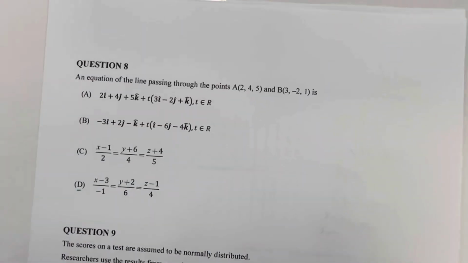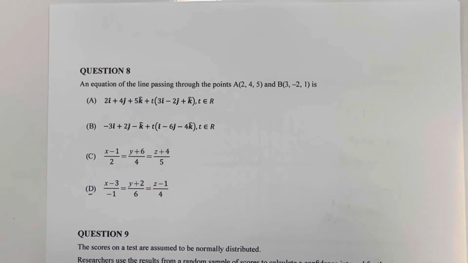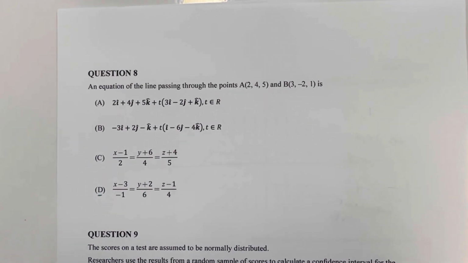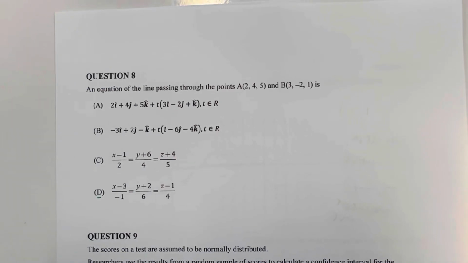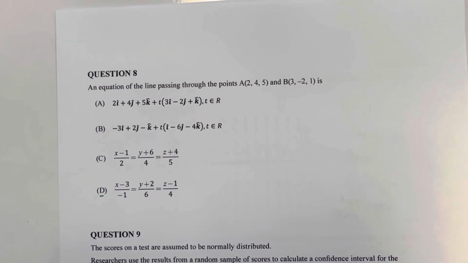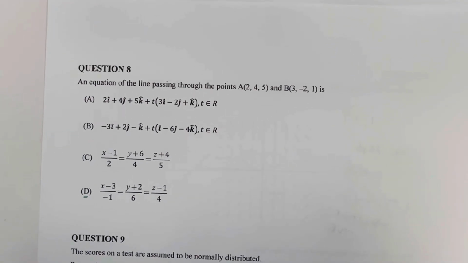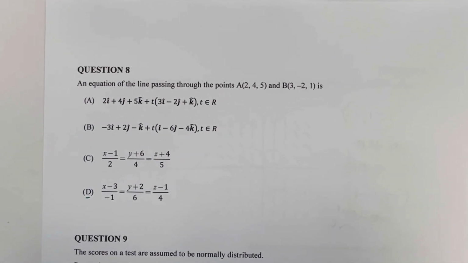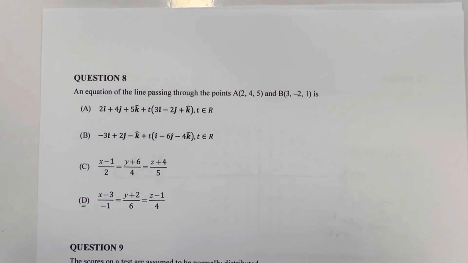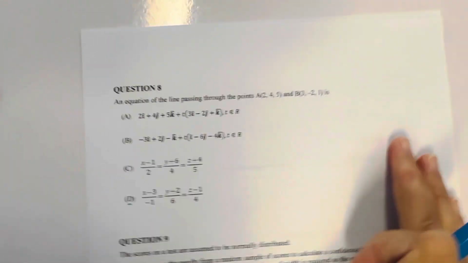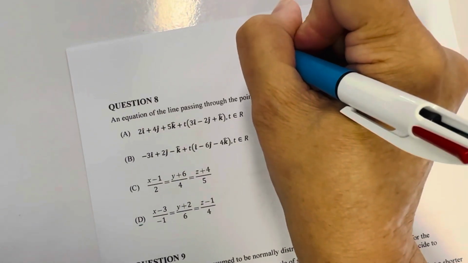Question 8. An equation of a line passing through the points A(2, 4, 5) and B(3, -2, 1), which is the equation of the line? Now, they've given us the equation of the line in vector form, and they've also given it in Cartesian form. Now, passing through AB, so we want to find what is AB.